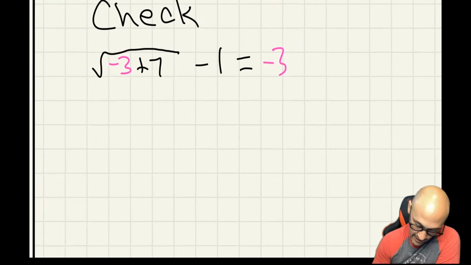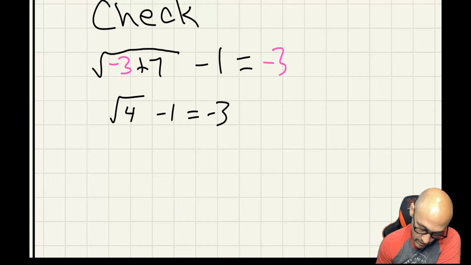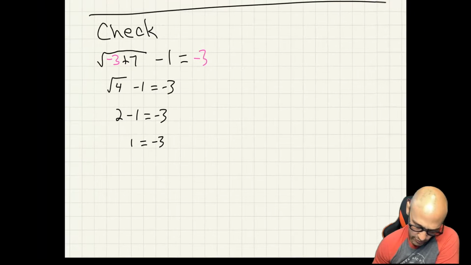So let's have a look at that. All right, negative 3 plus 7, that's 4. So we have square root 4 minus 1 equals negative 3. Square root 4 is 2 minus 1 equals negative 3. 2 minus 1 is 1 equals negative 3. And that is not true.